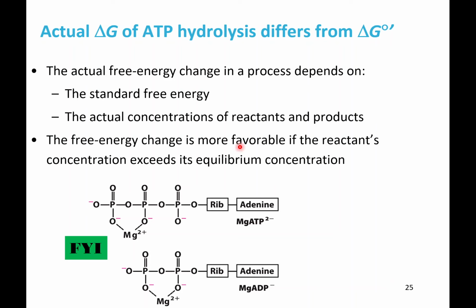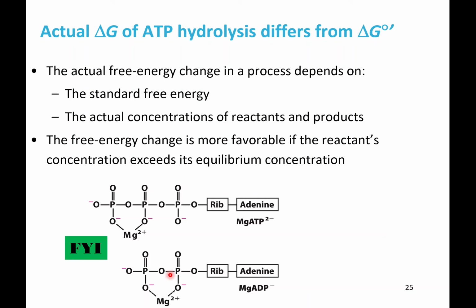The free energy change is more favorable if the reactant concentration exceeds the equilibrium concentration. So if you have a higher concentration of ATP than the equilibrium concentration, that's going to drive it forward even more.